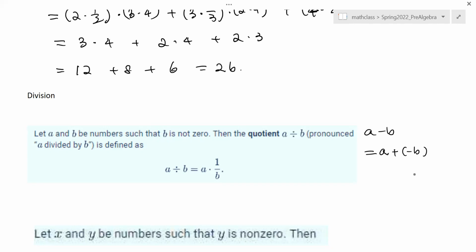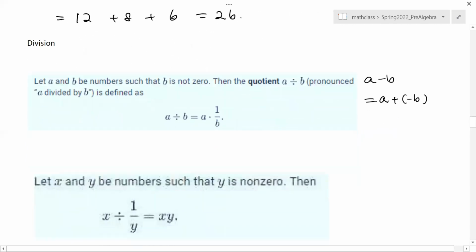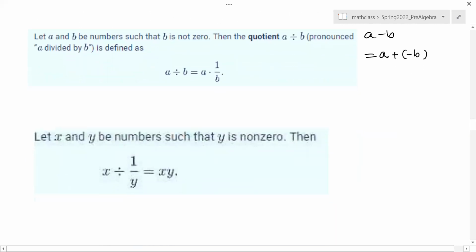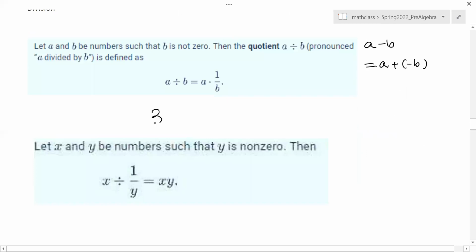Here's a similar situation. We define the reciprocal of b, and we define multiplication, which is associative and commutative. Then we define division as the product of a and the reciprocal of b. So that's the definition.